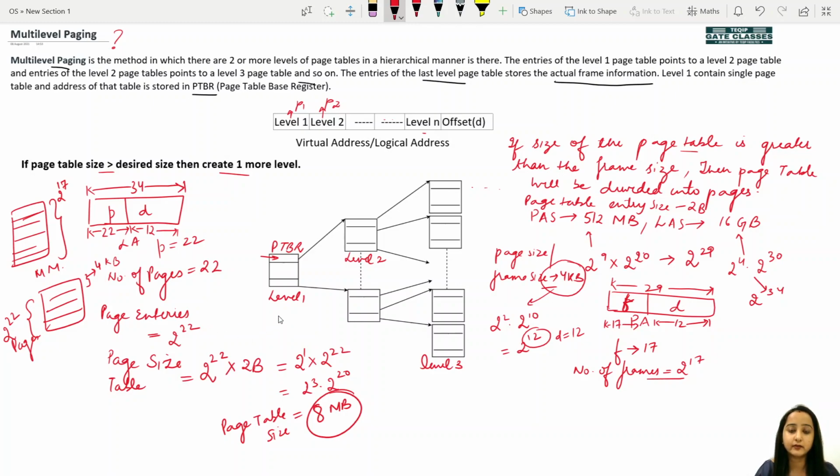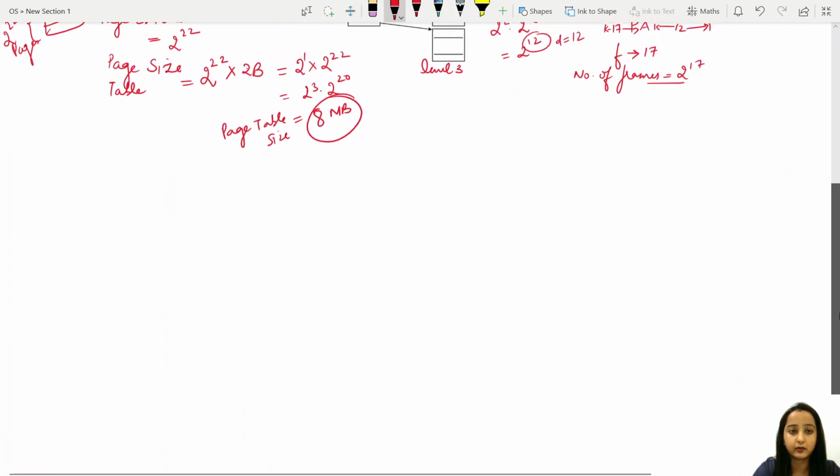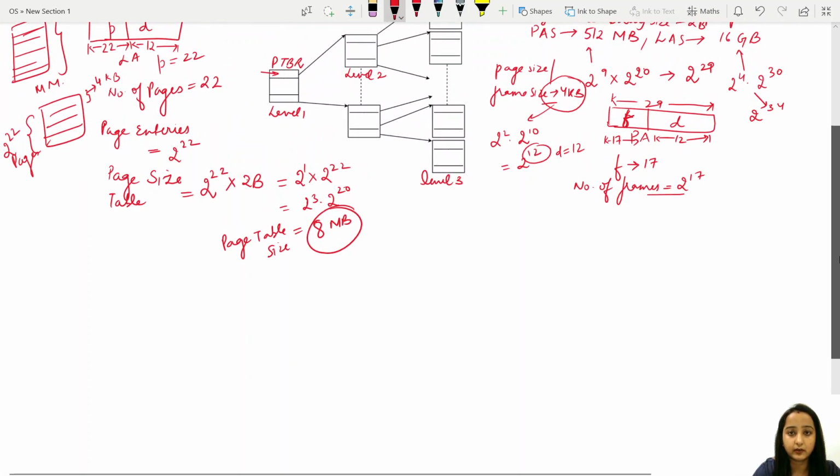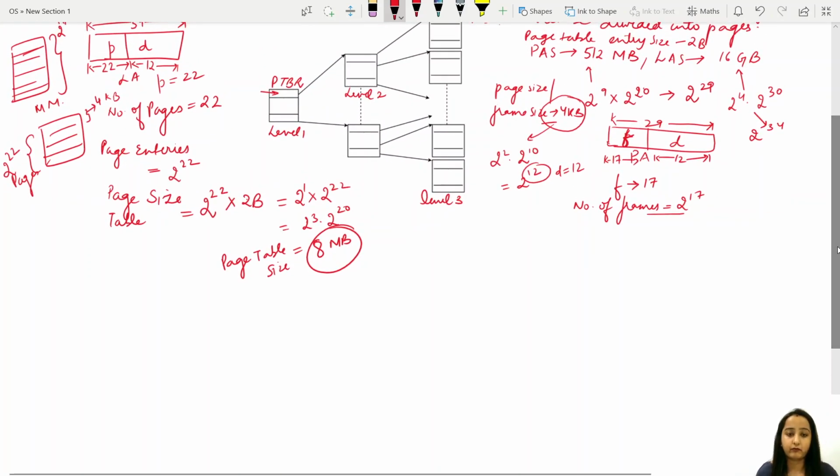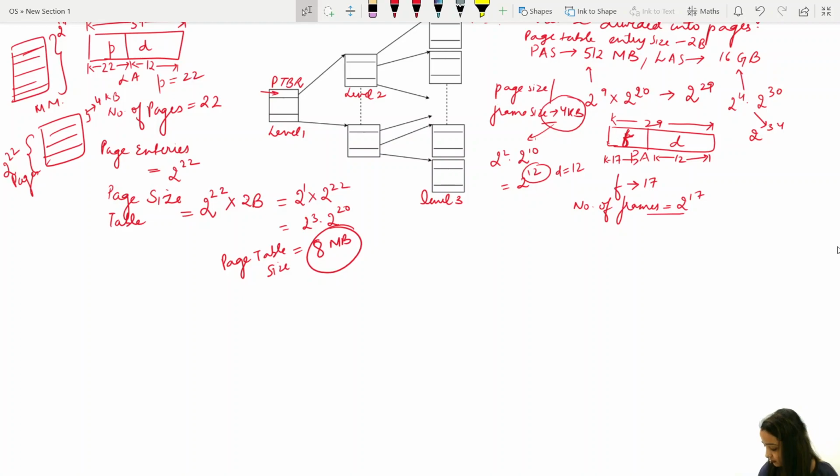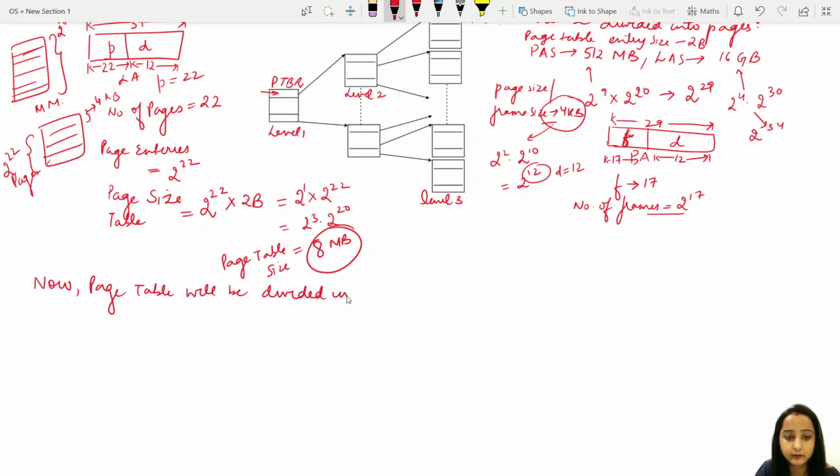So now what happens? Now I will divide the page table into pages, because the page table size is greater than the frame size.